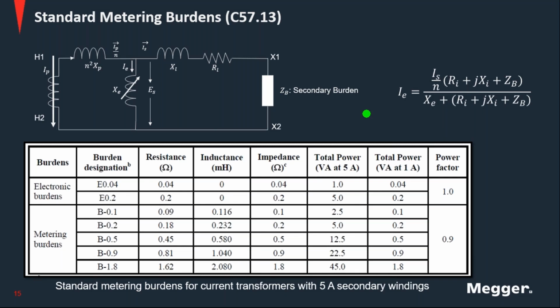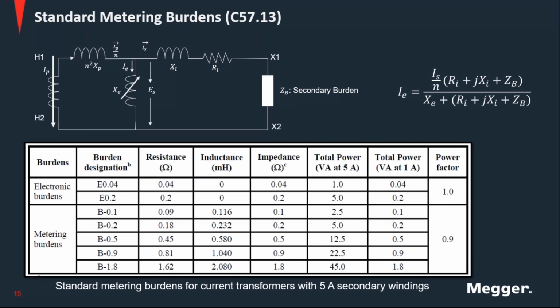So it is very important in the testing process to test this burden, to get the actual value, and use that value for the assessment. Once you get all the values from the CT, all of these parameters, resistance, excitation characteristic, turns ratio, you need to assess and simulate how this CT will behave with this load.